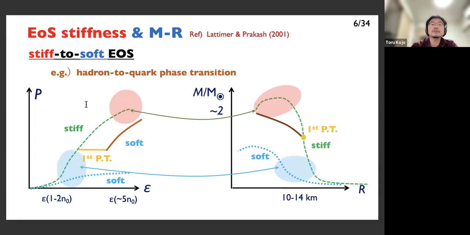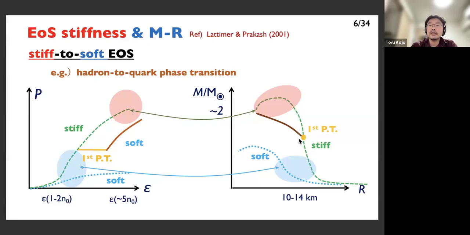For example, if we consider an equation of state having a strong first-order phase transition from hadron to quark matter, then during the transition pressure is constant, but energy density jumps discontinuously. Therefore, the equation of state is softened dramatically. Because of the softening, the radius of the neutron star shrinks radically just after the first-order phase transition, and there is a kink in the MR curve.